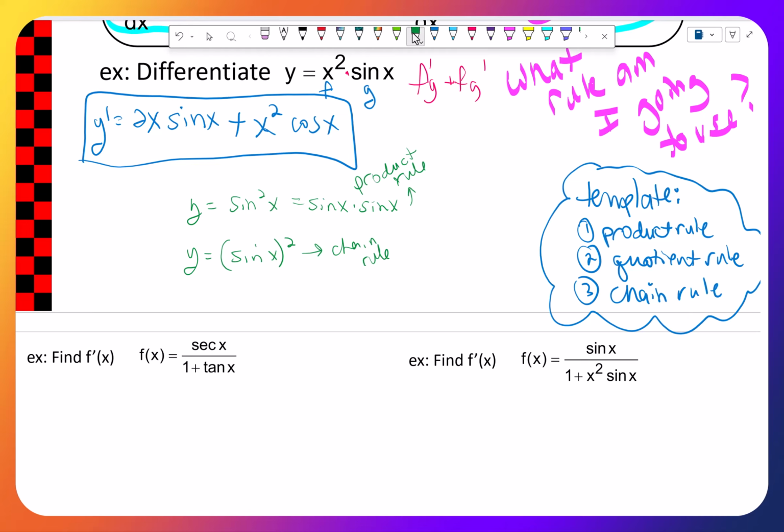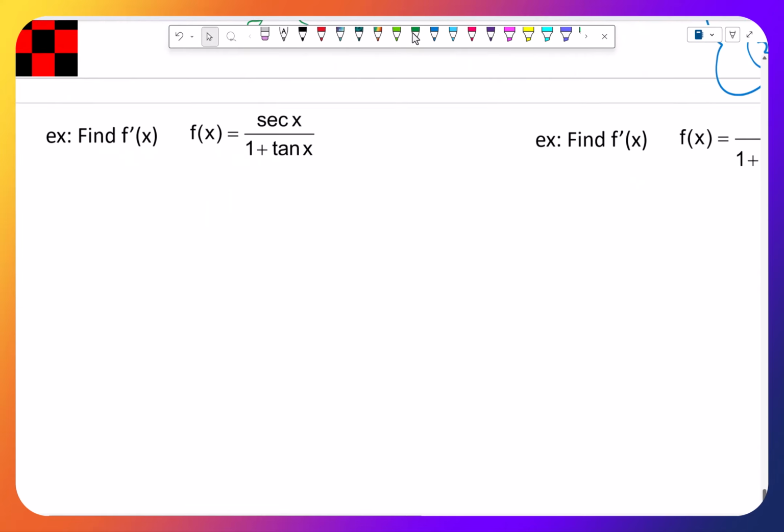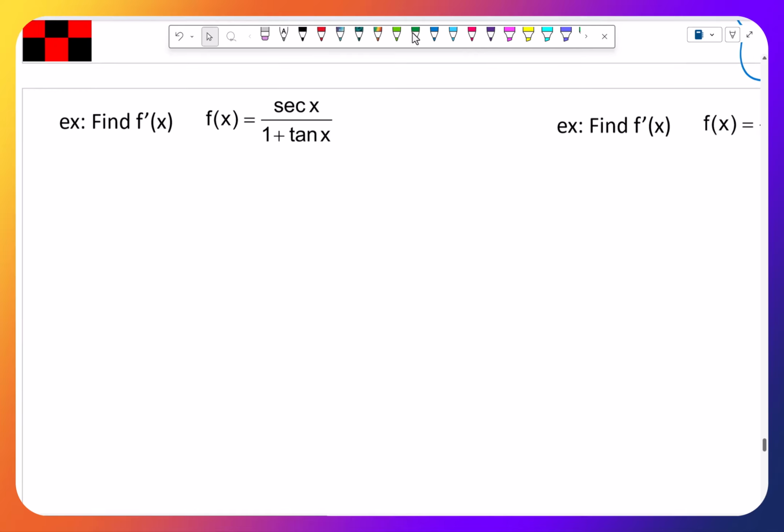We've got a couple of examples down here. So I'm going to ask myself, what rule would I use? I've got product, quotient, and chain. Quotient, and I really don't have a choice. I've got to do the quotient rule because this denominator is not a monomial. You remember those words?